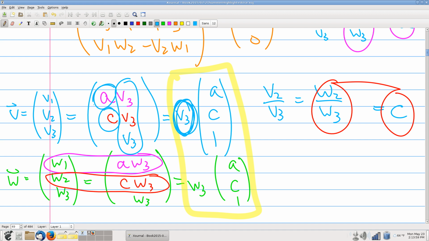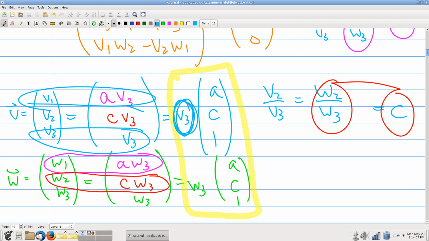Why is it V3 in the first place? Because that's what it had been. I chose to rewrite V1 and V2 using the proportions that I found. So why is there no B then? Because I didn't need it, as it turned out. I wanted to rewrite these things in terms of something I had convenient access to.